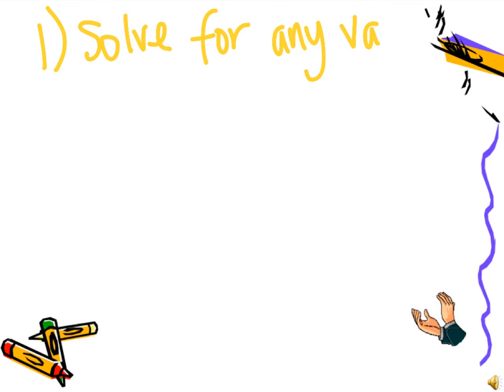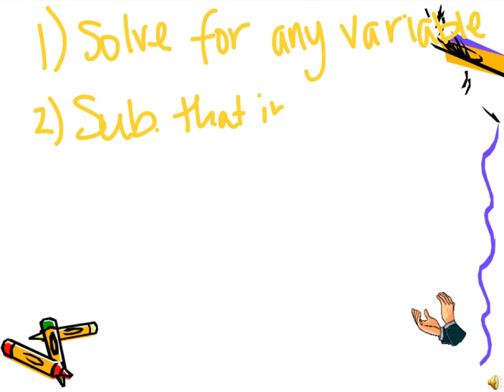Alright, just as a recap, step 1 was to solve one of the equations for any variable. You can do x, you can do y, and usually it's given to you, and that's why we want to use substitution. Step 2 is to substitute into the other equation.